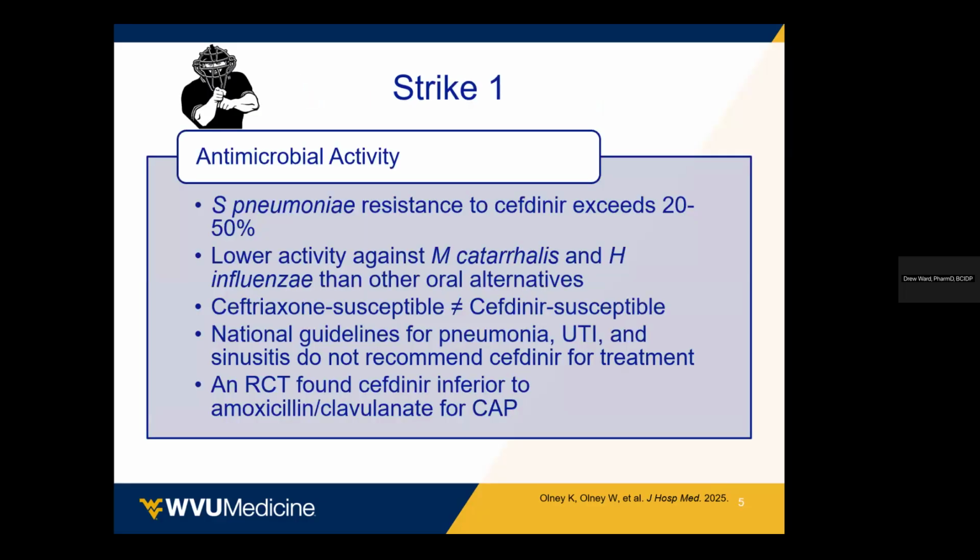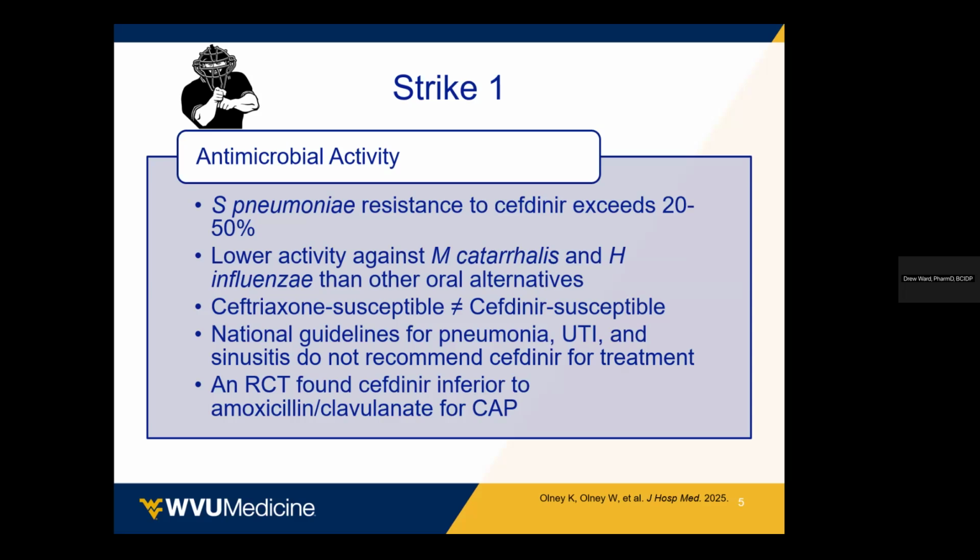So using a bit of a baseball analogy, we'll go through a couple of strikes: three strikes and you're out, Cefdinir, and why it may not be an adequate oral antimicrobial for commonly encountered infectious diseases. The first of those is its limited antimicrobial activity.